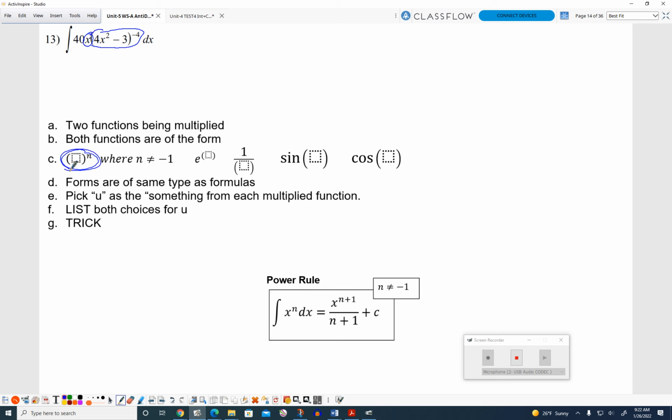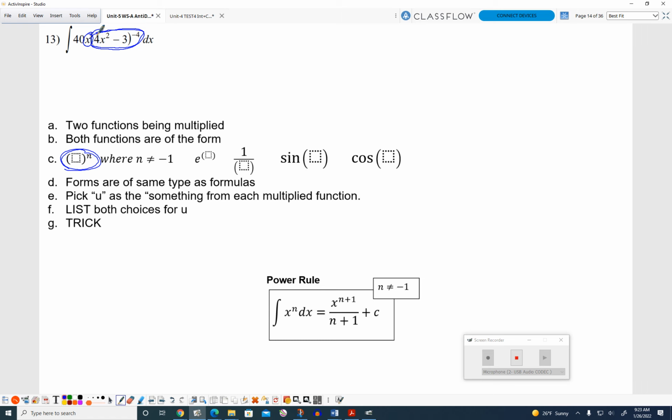Don't overthink it. Ben? How many knew that x is correct? Good. Ben, what's the derivative of x? Just 1. 1 isn't the other multiplying function. So that's the wrong choice. Don't choose u equal to x. It's not going to work.